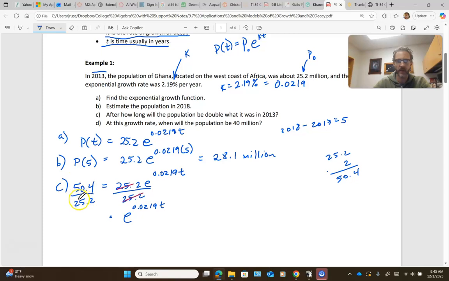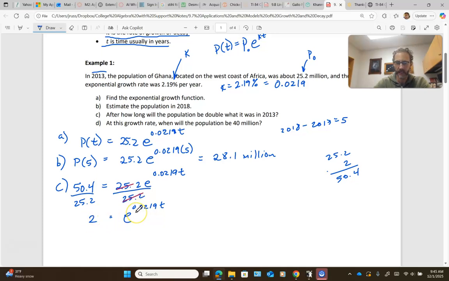So I know 25.2 goes into 50.4 twice. Okay, and you're going to see this again here in a minute when we come up with a formula to find the doubling time, how long it takes a population or whatever to double. You're going to end up with a 2 right here.